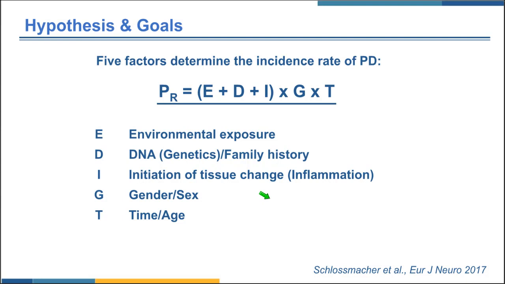So a strong point of this model is that it doesn't include any motor aspect, because we want to find people before their motor symptoms. All of these are either genetic or environmental exposures, or non-motor symptoms or aspects of the disease.